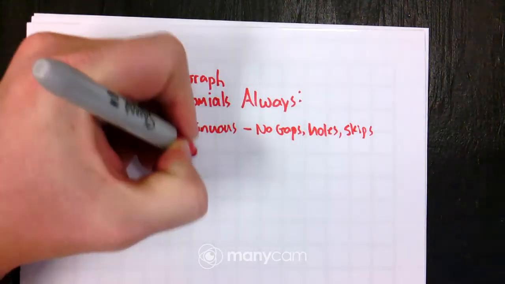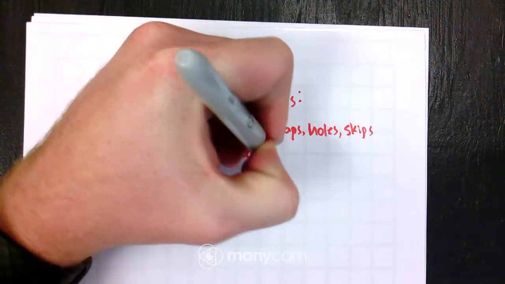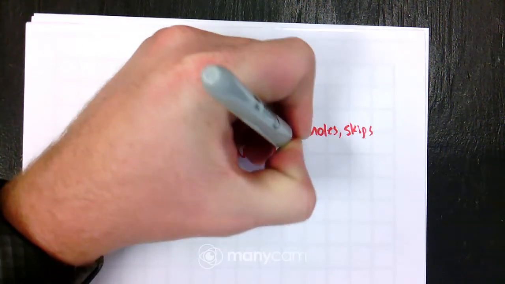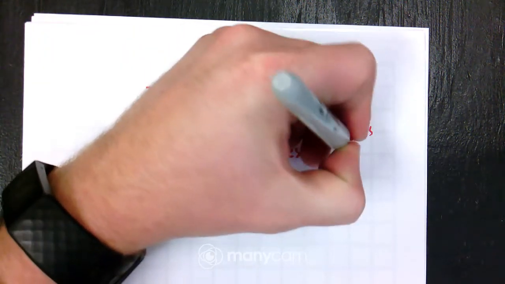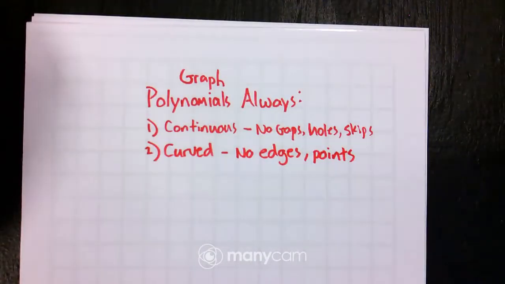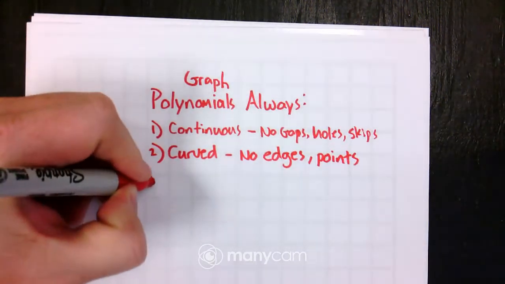Number two, it's always curved. No edges or points. Okay, it's always curved. And it's always a function.